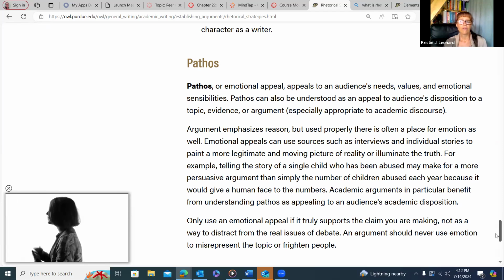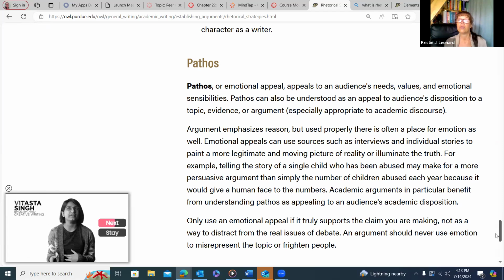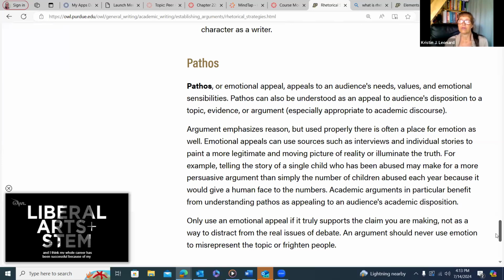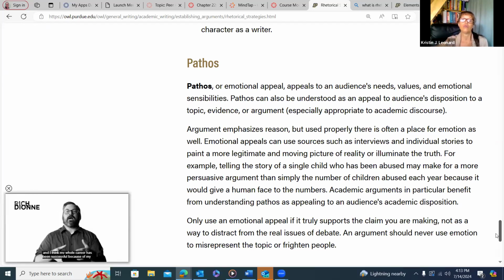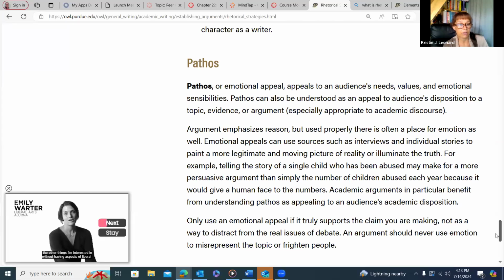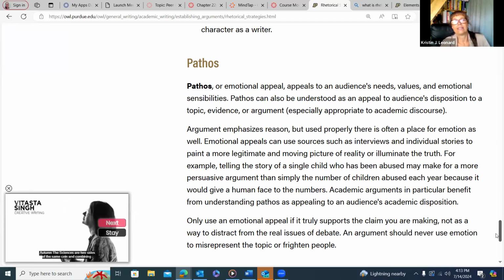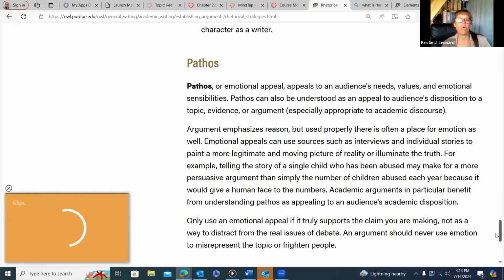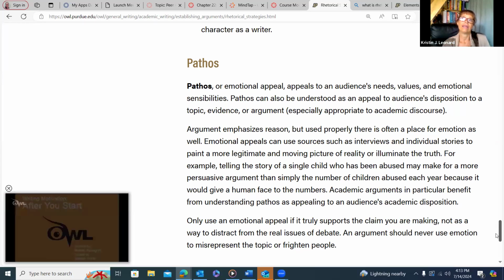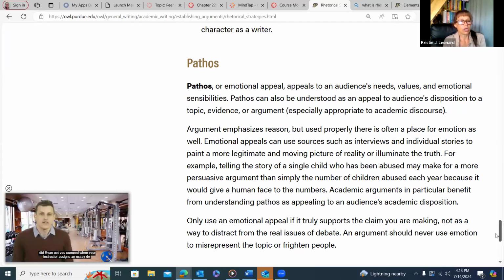But for example, telling the story of a single child who has been abused may make for a more persuasive argument than simply the number of children abused each year, because it would give a human face to the numbers. And this is something right here. In a persuasive essay, we often will use emotion or appeal to pathos to really get our point across in a way that pulls at our readers' heartstrings.